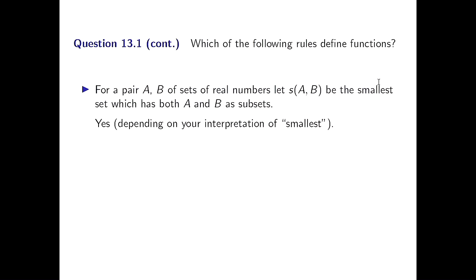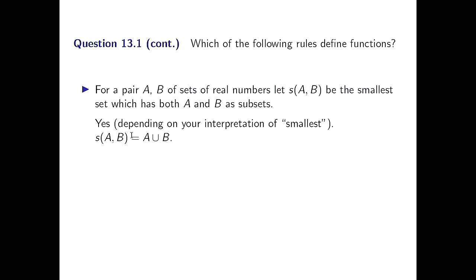But I think there's a reasonably decent interpretation of smallest here that would say, well, the smallest set that has both A and B as subsets is the union. Because for any set that has A and B as subsets, the union will be a subset of that set. So I think there's a reasonable interpretation under which this is a function on sets of real numbers that outputs the union of the two sets.